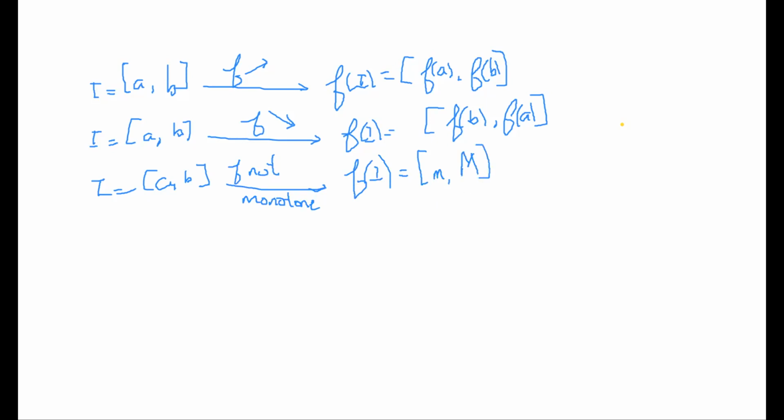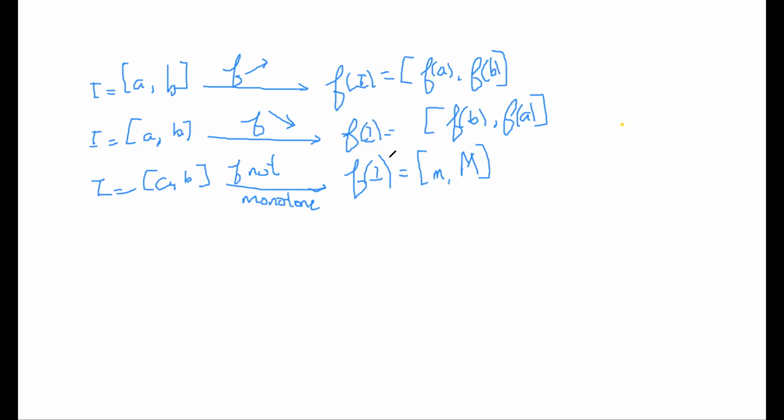So how to find the image? This is the image of the interval: if x belongs to [a, b], y belongs to which interval? This is what is meant by the image of the interval.